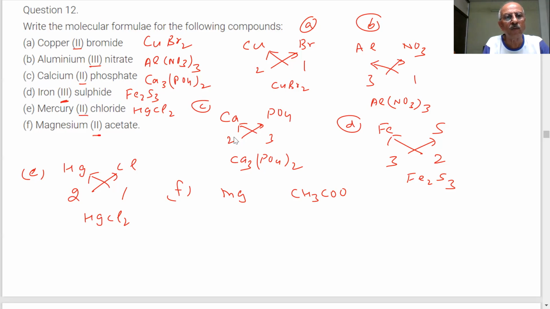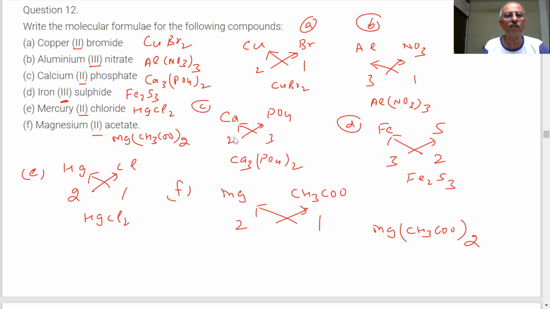It is saying 2. Acetate is 1. Then what will be the answer? Mg, how much? 2. This is our magnesium acetate.